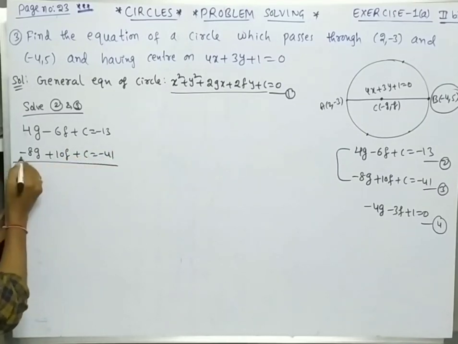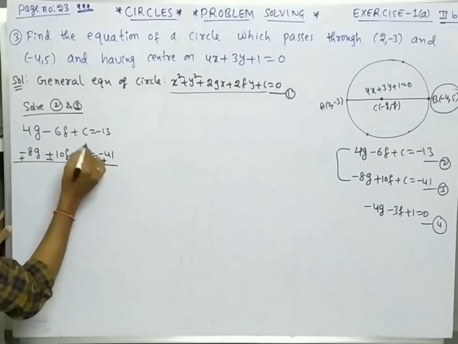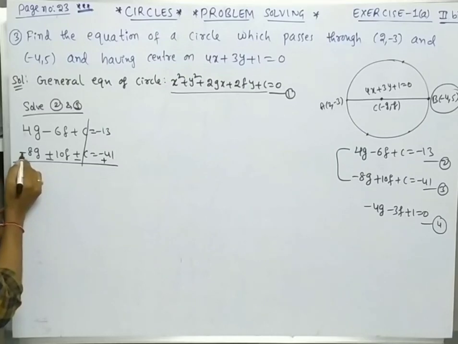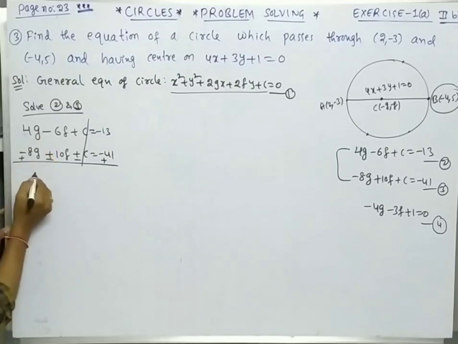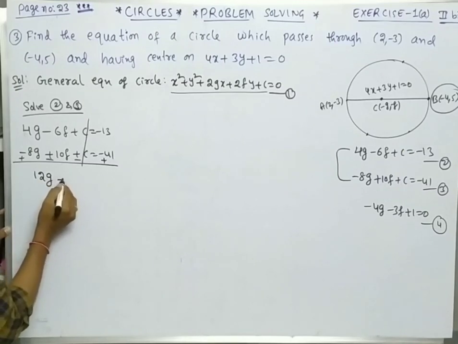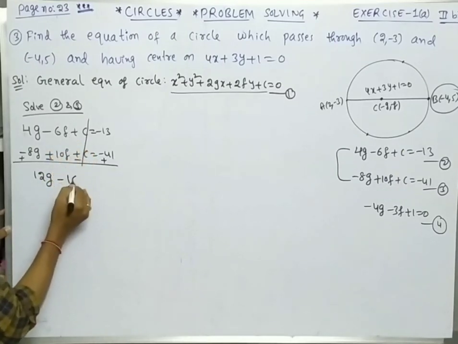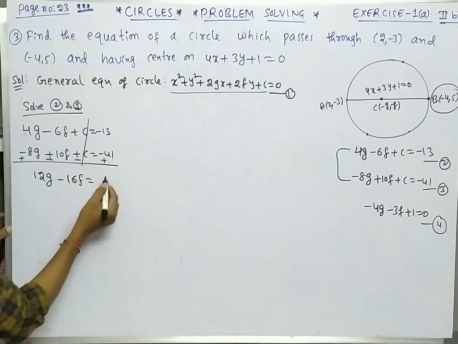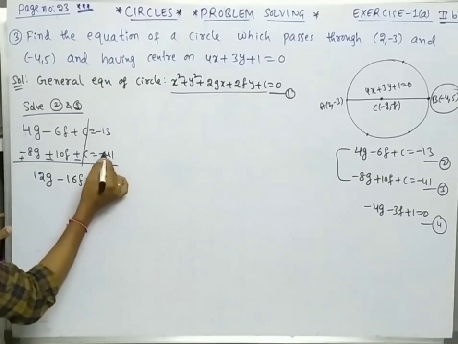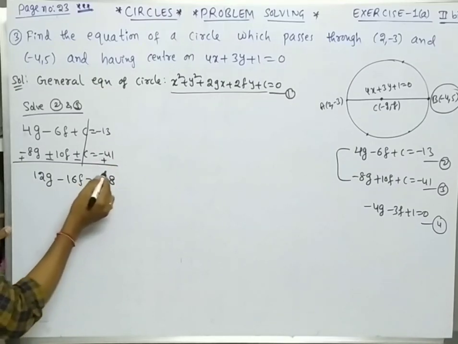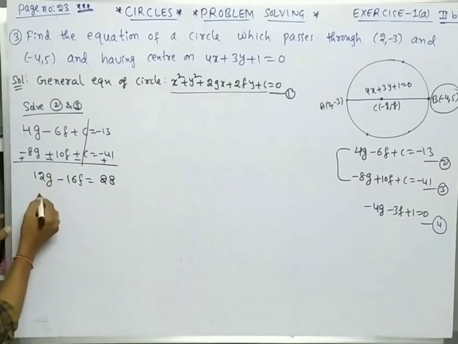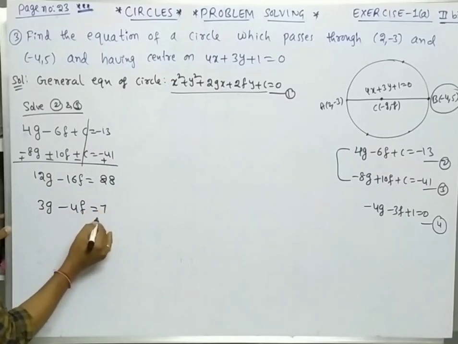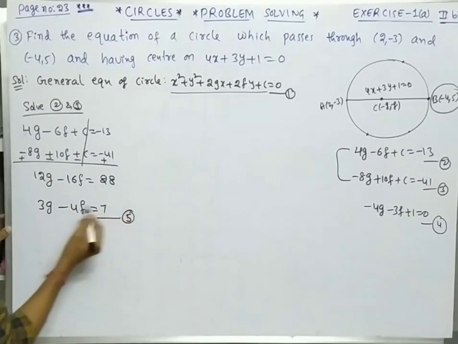Here I am subtracting, so the signs will change. 4g + 8g, here minus becomes plus, so 12g. -6f - 10f is -16f. 41 - 13 is 28. Okay, cutting by 4: 4 threes are 12, 4 fours are 16, 4 sevens are 28. This is equation number 5.